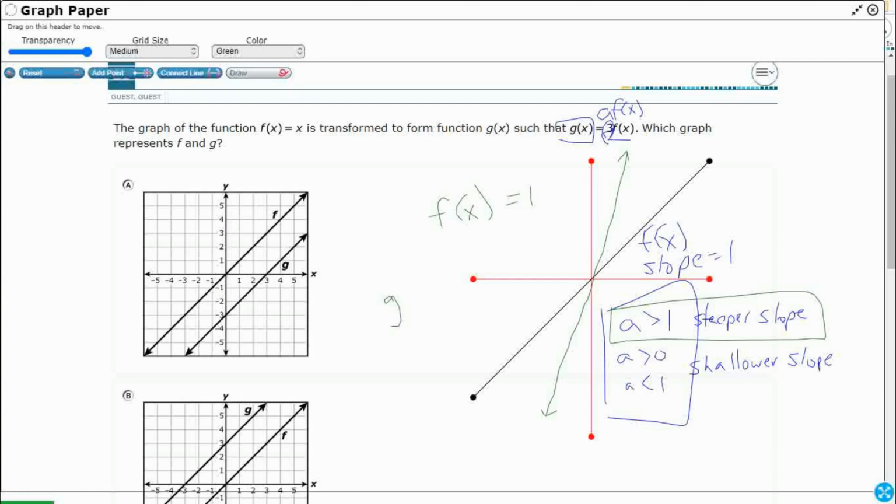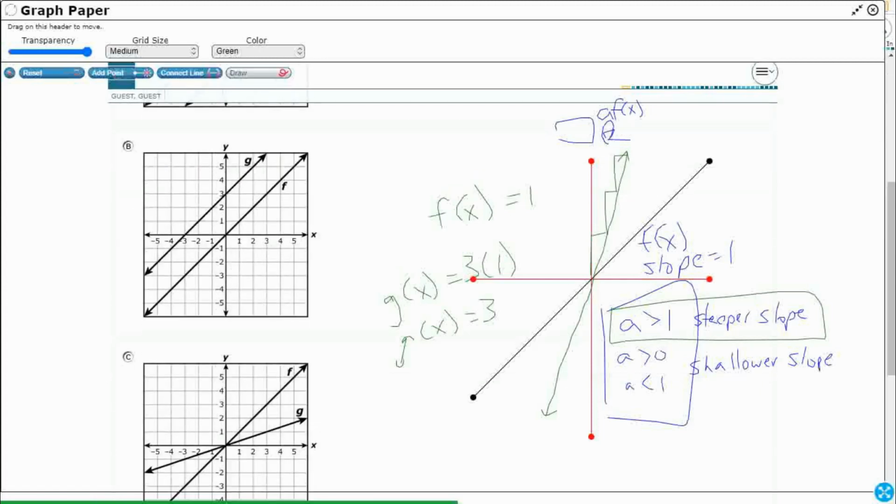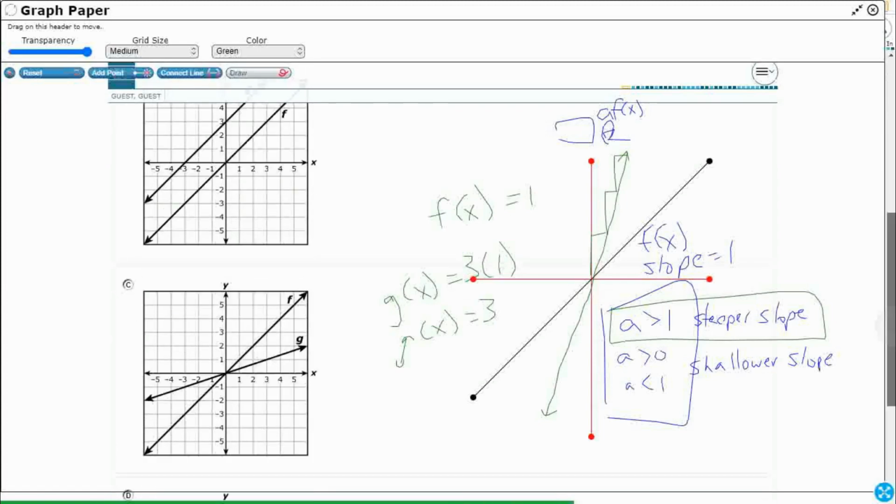Then g of x is going to equal 3 times f of x, 1. So the slope of g of x is going to equal 3. And so hopefully we know that it's going to be up 3 over 1, up 3 over 1, up 3 over 1. That's a steeper slope. So if we look down here, the only one that works, right, that c is a shallower slope. So this is something that is greater than 0, but less than 1.